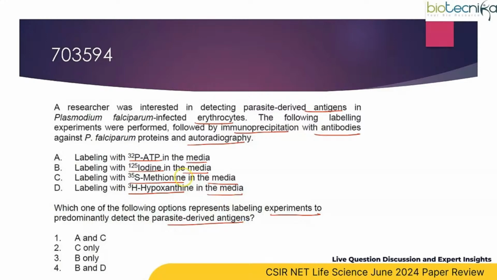If you have to identify parasite-derived antigens in the infected erythrocytes, which labeling will be the most appropriate? That is the question. You can try and tell me the right answer.